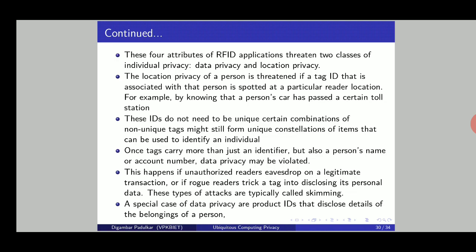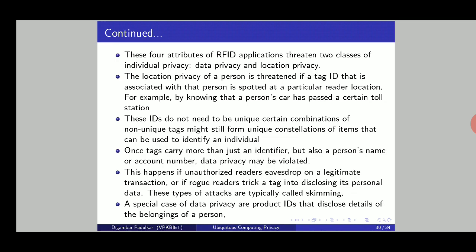These four attributes of RFID applications threaten two classes of individual privacy, data privacy and location privacy. The location privacy of a person is threatened if a tag ID that is associated with that person is spotted at a particular reader location.